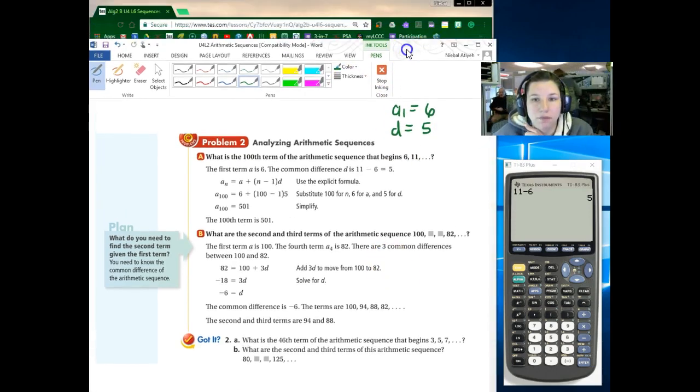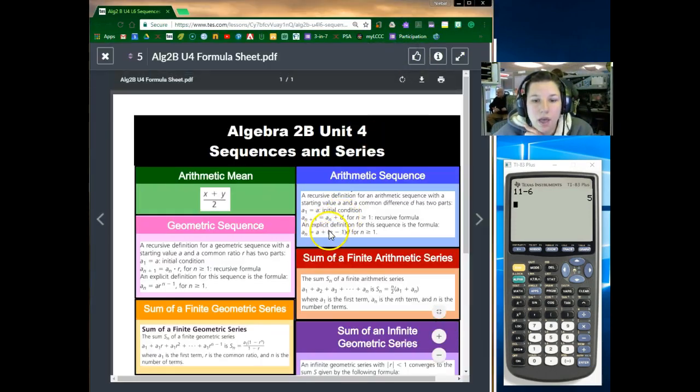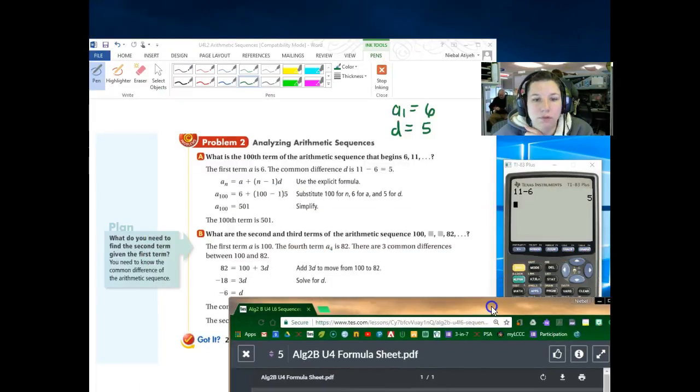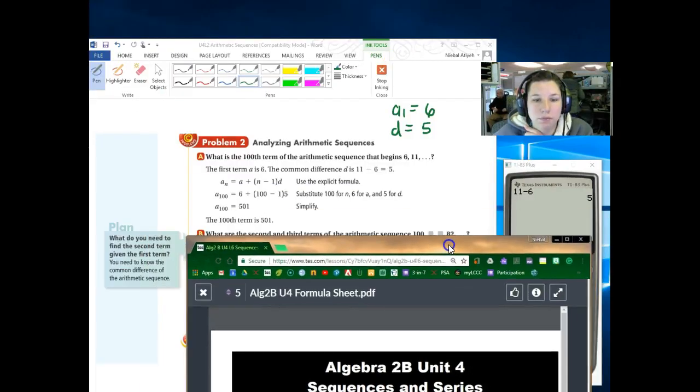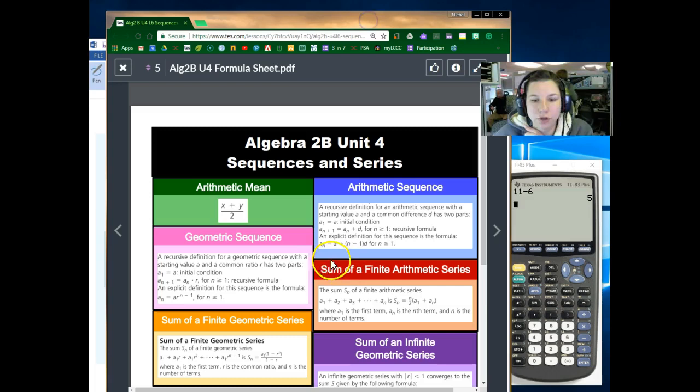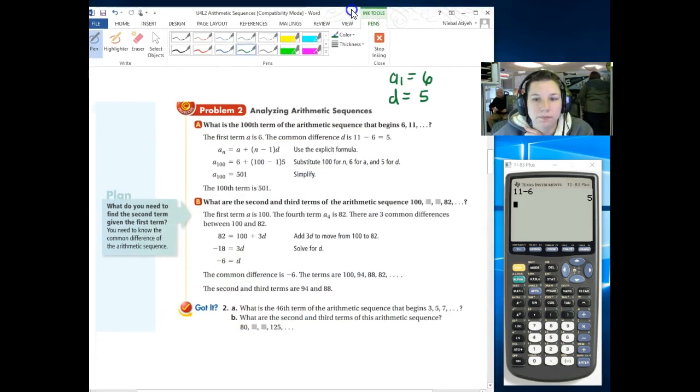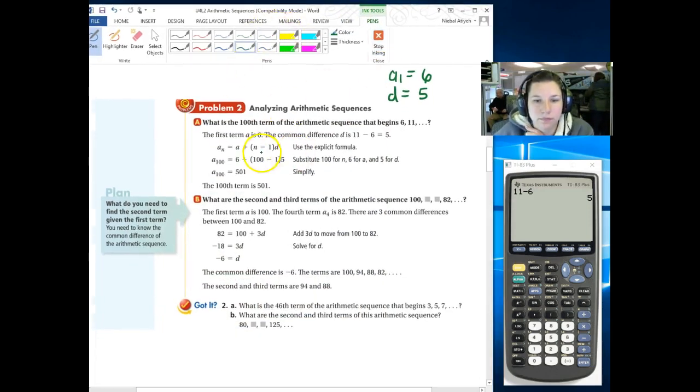And then if I take a look at the formula, okay, they wanted which one? Explicit formula. So you're using this formula here, a sub n equals a plus n minus 1 times d. Okay, a sub n, the term you're looking for is the 100th one. Your first term is 6.